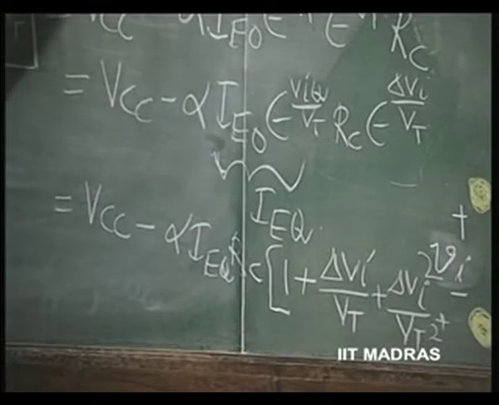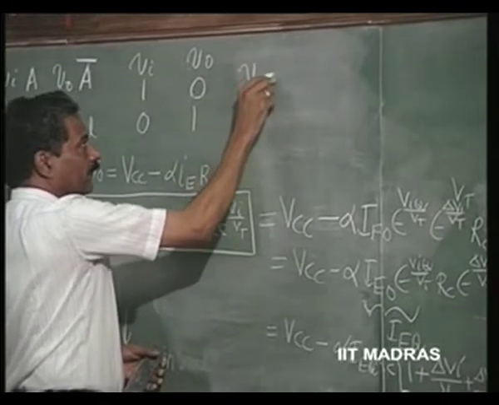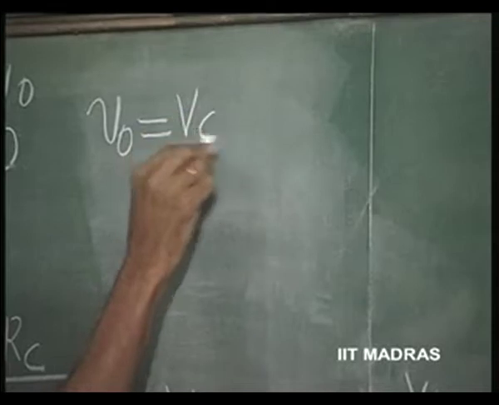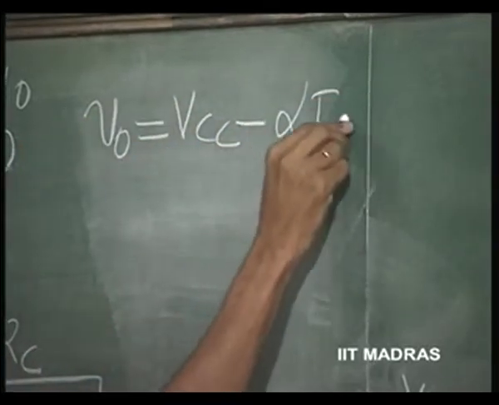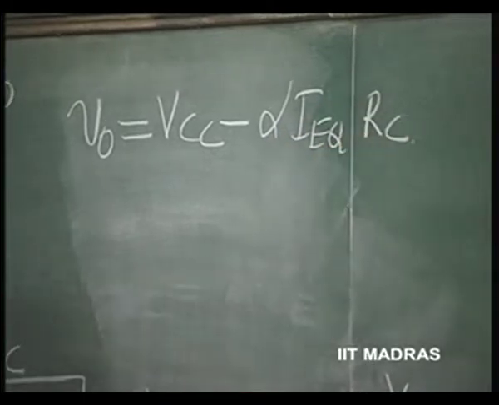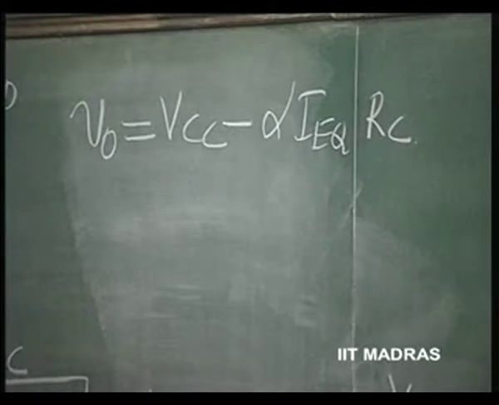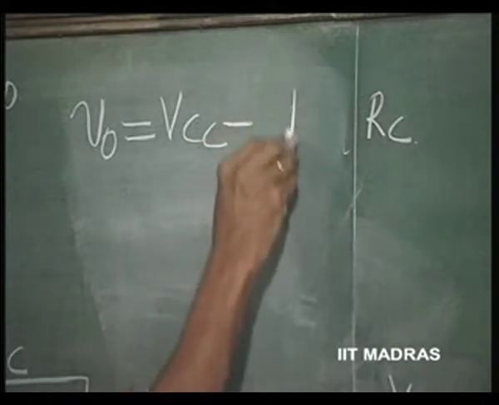So, this output voltage V naught is now equal to VCC minus alpha IEQ RC. What is alpha IEQ? Alpha times IEQ is nothing but ICQ, the quiescent collector current.